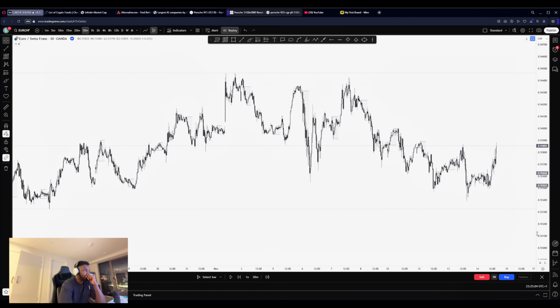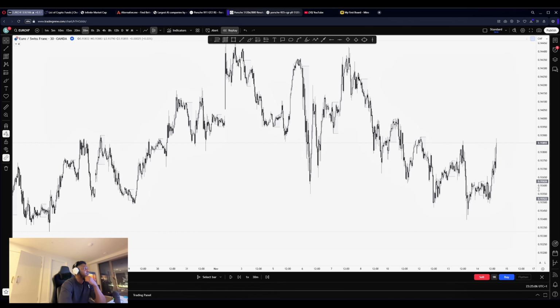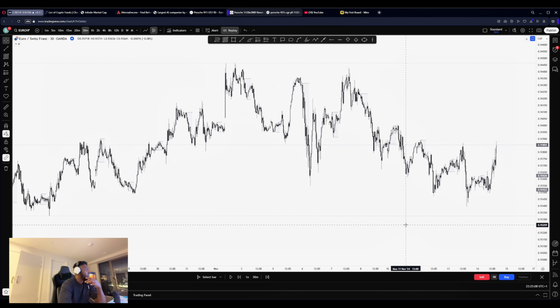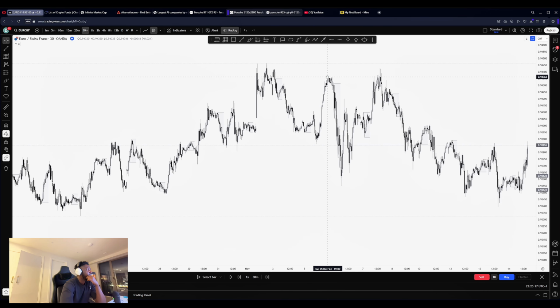So in this example now, we have a break of market structure here that basically leaves an order block.